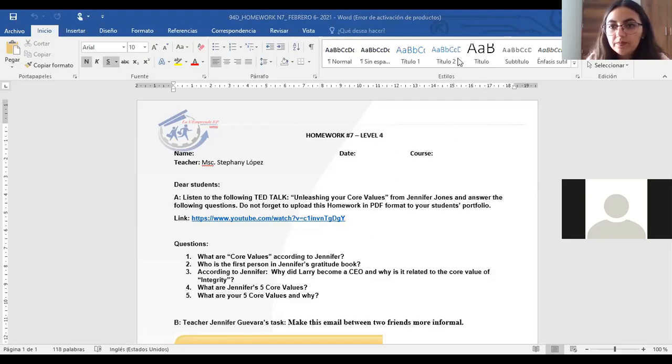Can you remember? Acuérdense que por ahí veíamos una imagen de alguien sacándose una resma de papel de la oficina. ¿Se acuerdan qué acción era? Steal. Steal, ¿verdad? Robar. Llevarse algo, ¿no es cierto? Sin autorización. Robar, steal. Very good.